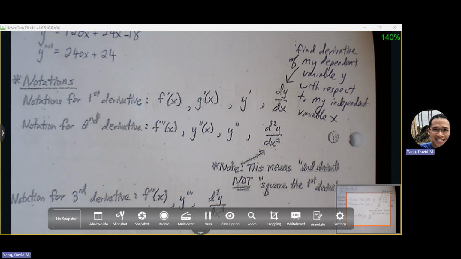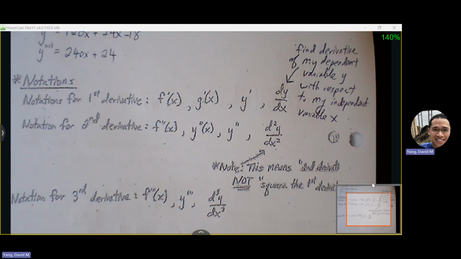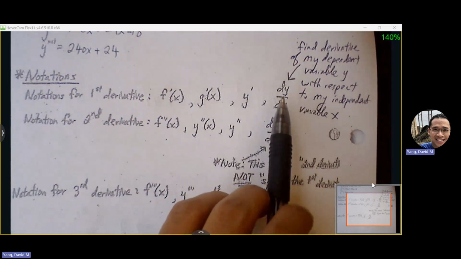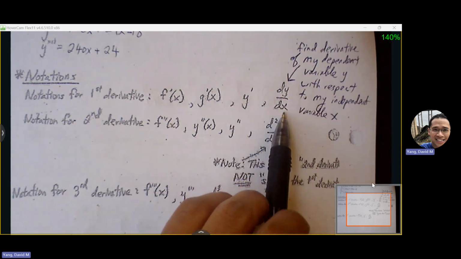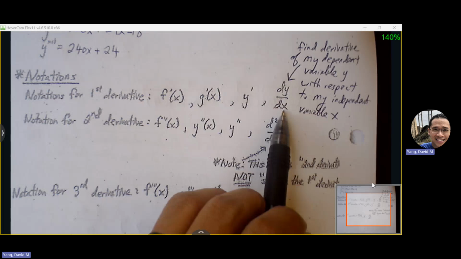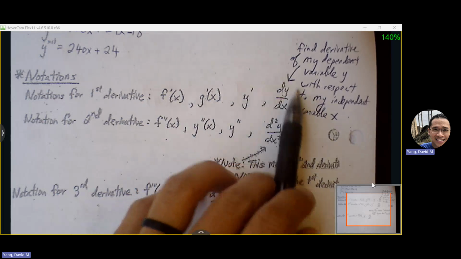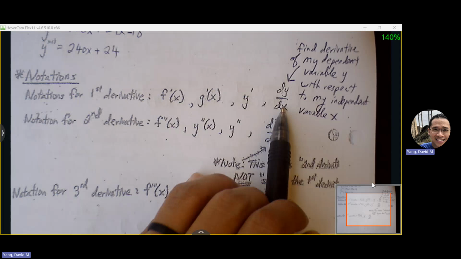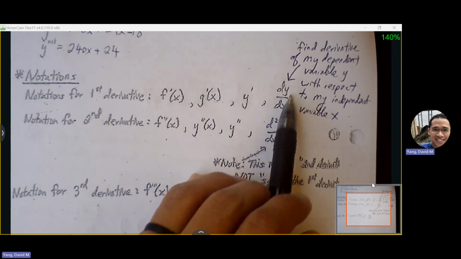So that dy dx may look more complicated, but it's also more descriptive because it indicates to you what your dependent variable is and what your independent variable is. Usually, our dependent variable is y, our independent variable is x. That's where most of your problems will come into play. But sometimes your independent variable is a t or other variables.